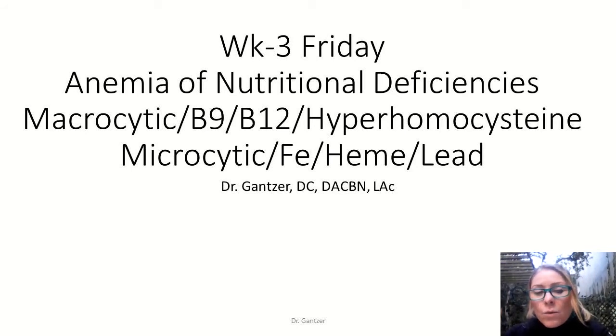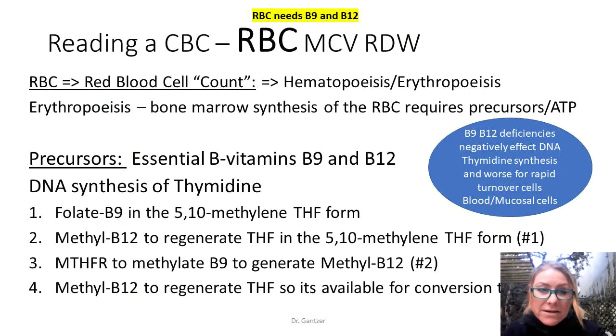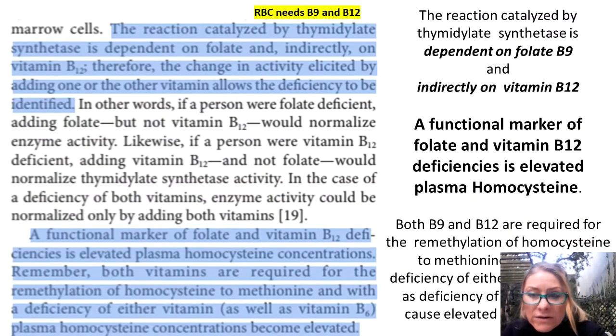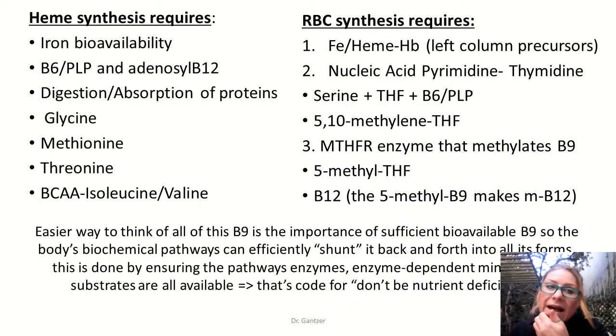So when we are thinking about the nutritional deficiencies, we have to remember that we need to be able to digest them, right? So where do we get the precursors for not just your red blood cell, but also for your heme?